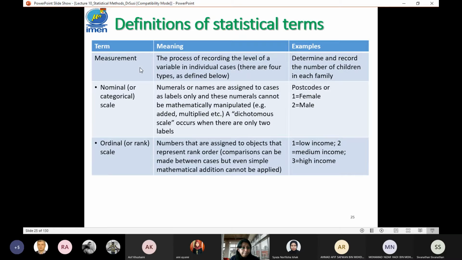Measurement: nominal, whether it's categorical, and ordinal, whether it's a rank, right? Low income, medium income, high income. And nominal is normally like a label, and you cannot mathematically manipulate them. So for example, female and male. So this is categorical versus ordinal.